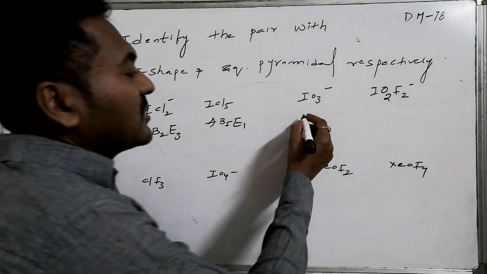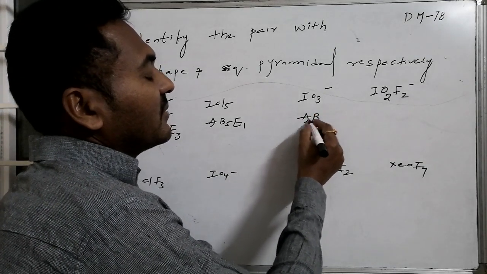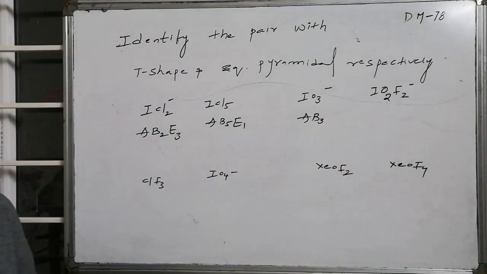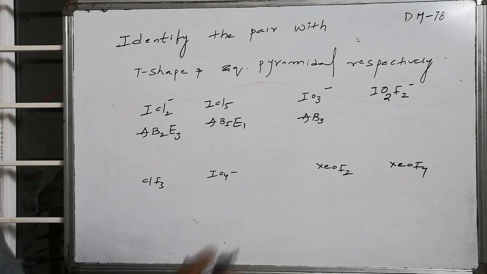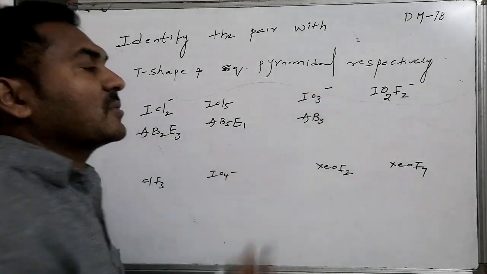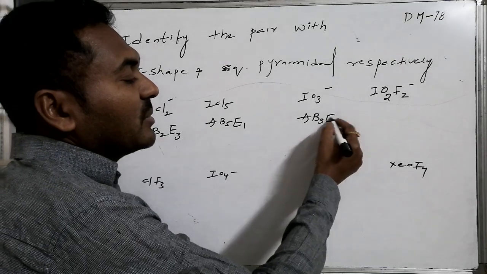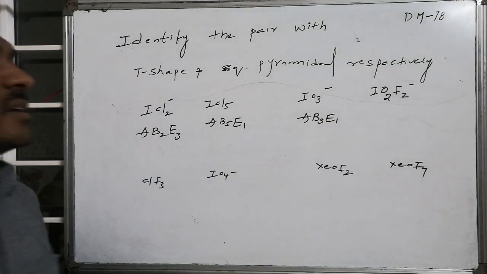IO3 minus, every oxygen forms 1 bond, hence B3, whereas 6 electrons are consumed there, and it has another 2 here, so AB3E1 type.